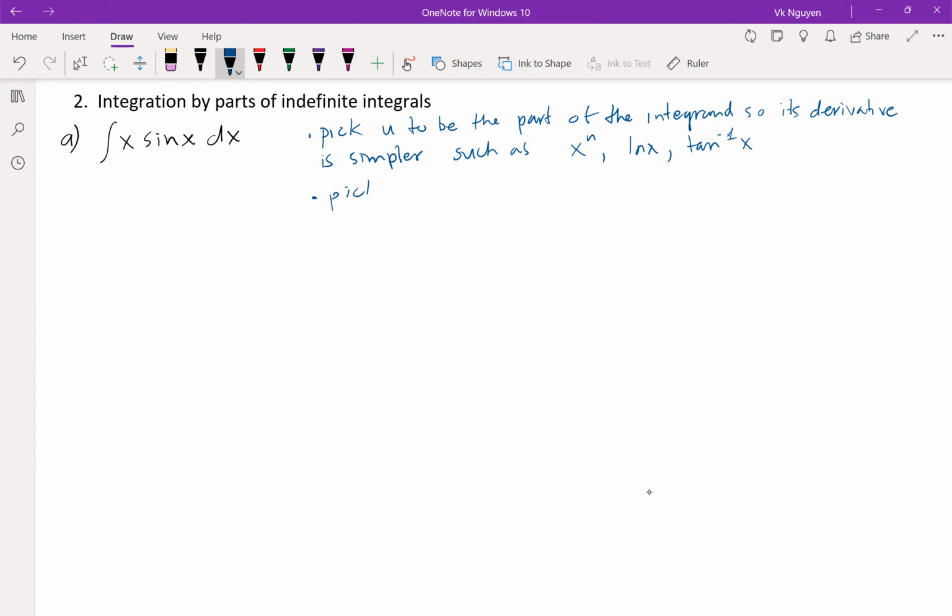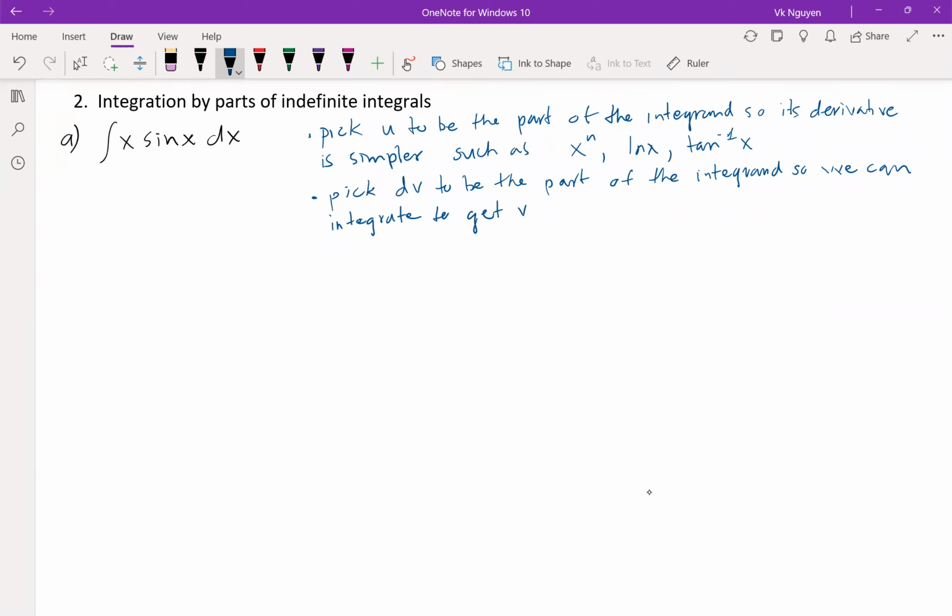And we got to pick dv to be the part of the integrand so that we can integrate to get v.